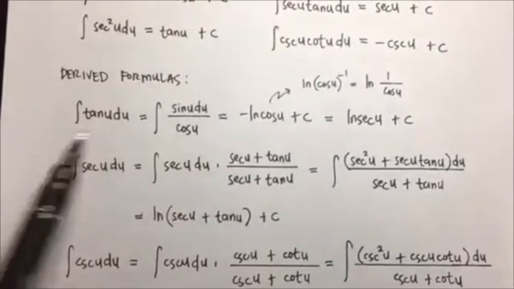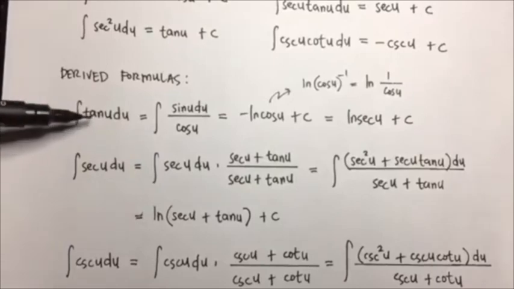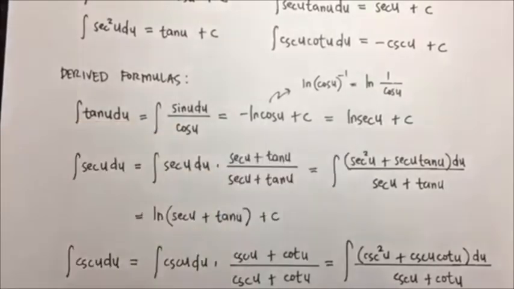No need to derive them, all you need to do is memorize them. So the integral of tangent of u du is equal to ln of secant of u plus c.